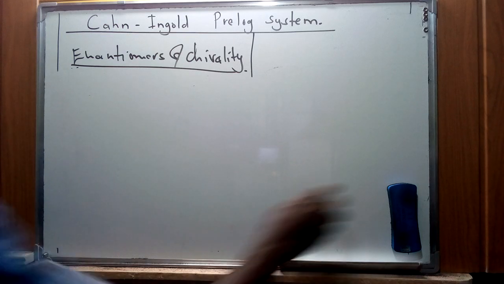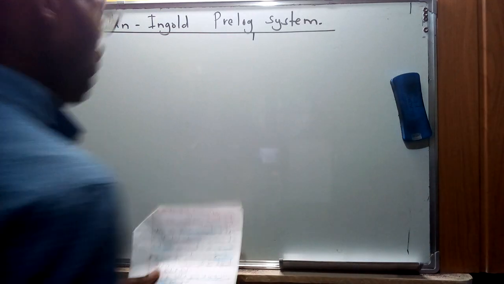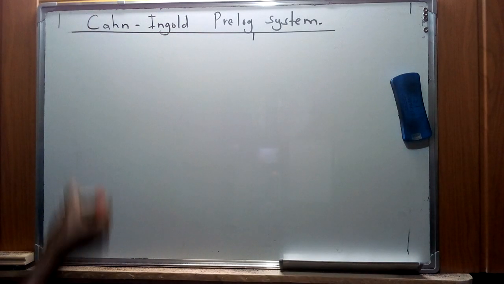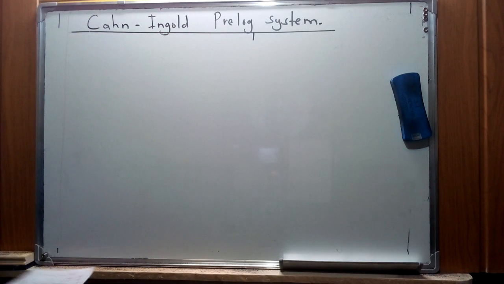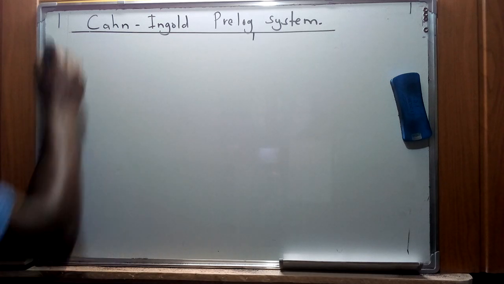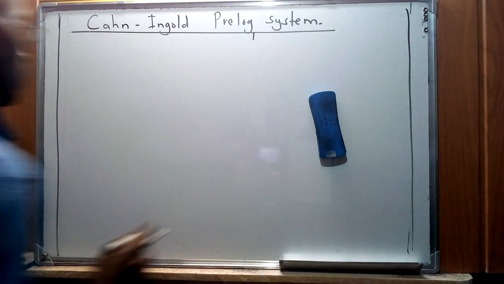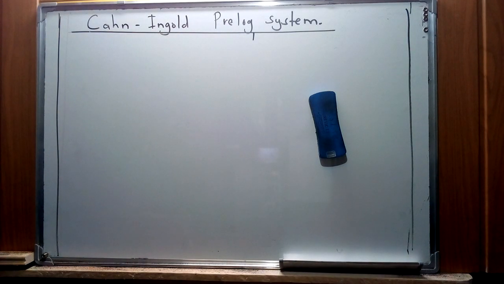centers. Now that we have understood the concept of chirality and enantiomer, there are specific rules that are used to name these chiral centers, which is an absolute configuration of the R and S that we have mentioned, which stands for rectus and sinister from the Latin words.